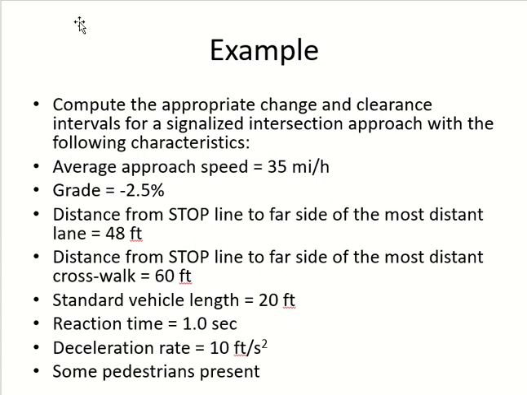I start with calculating yellow. So we have average speed, gradient, distance from stop line to the other lane. Which value is this?